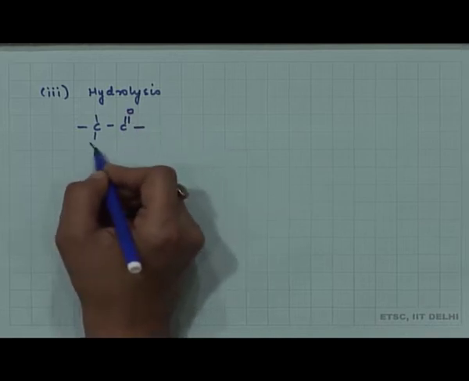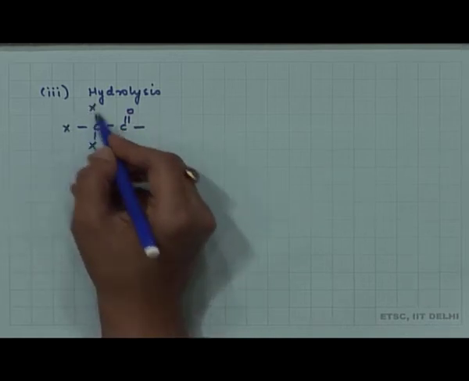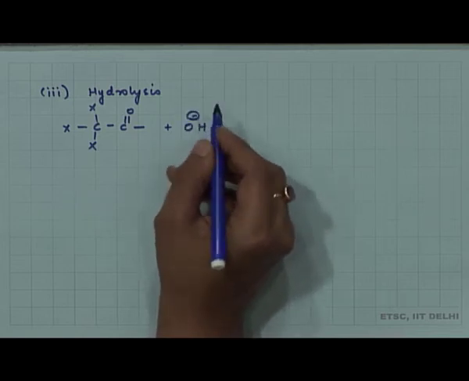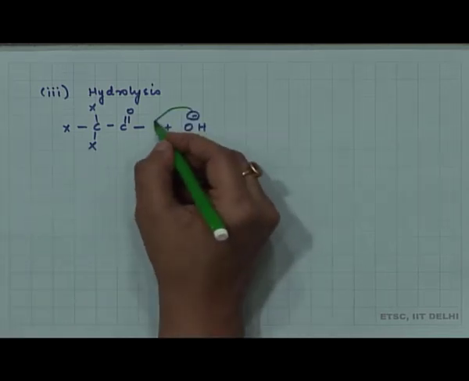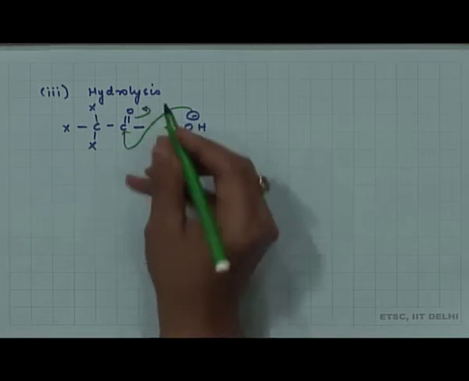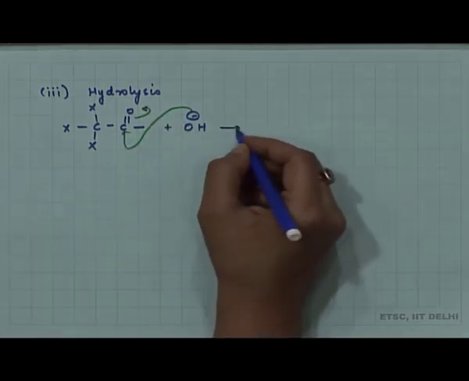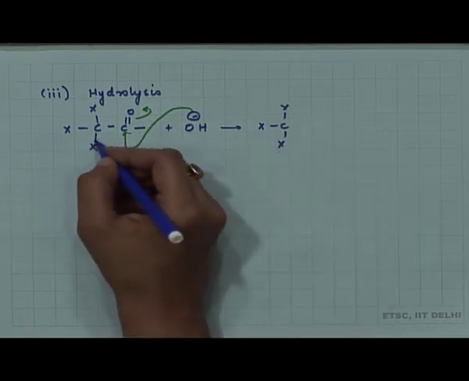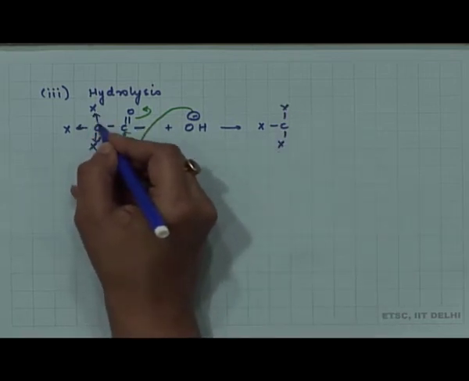So, you have this trihalogenated ketone, which in the presence of the base, the hydroxyl attacks the carbonyl, and you have 3 electron withdrawing halogens attached to this carbon.